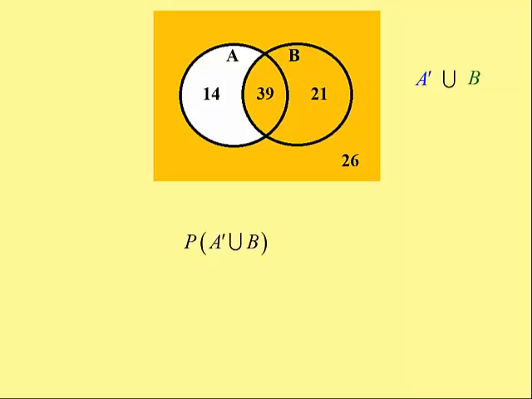Okay, so this shaded region, taking the numbers that are in those shaded regions and putting them together, gives 86.